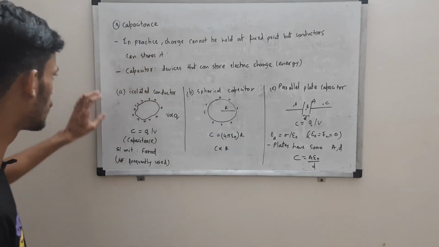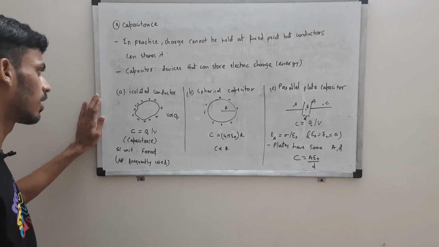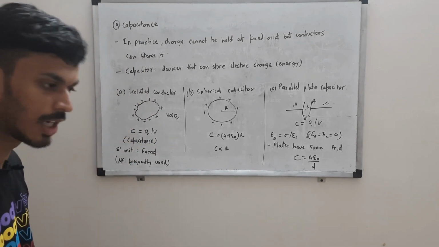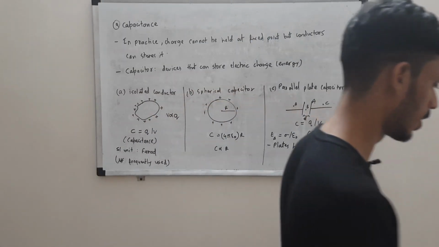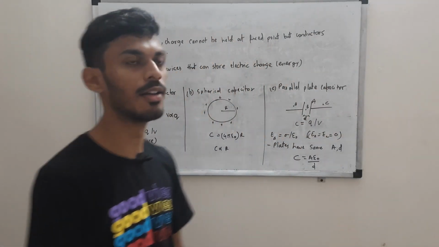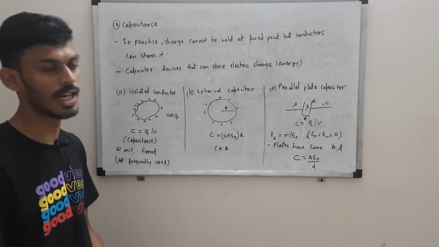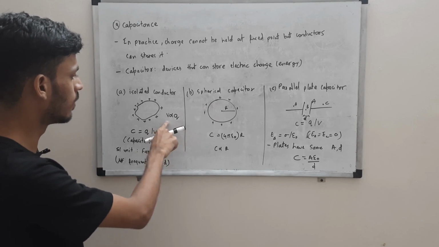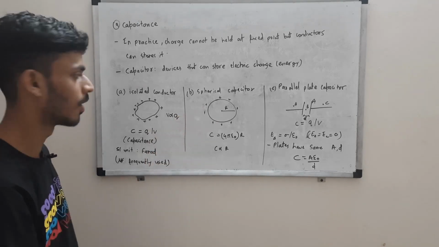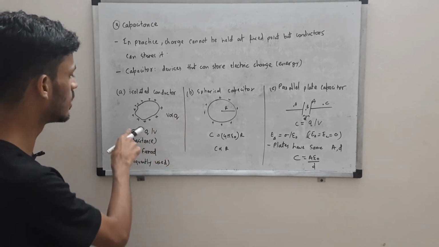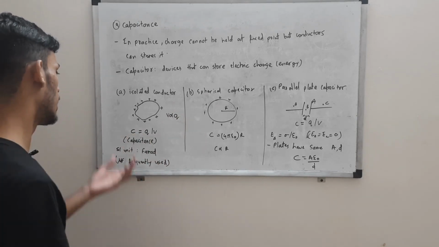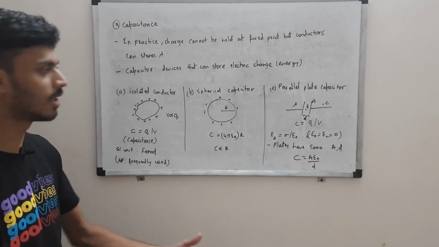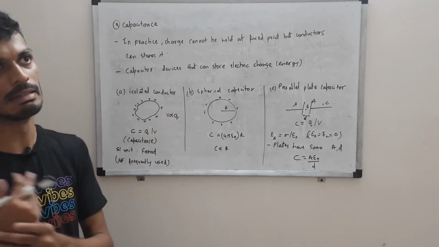If you have an isolated conductor and want to derive the relation for capacitance, the voltage is directly proportional to the charge. Whatever the voltage is, it depends directly on the charge. The constant here is 1 by C, so V is equal to Q by C, or C is equal to Q by V. This C is nothing but capacitance.